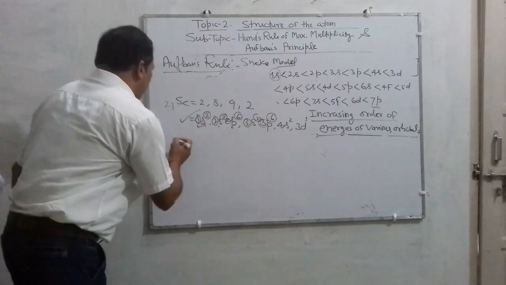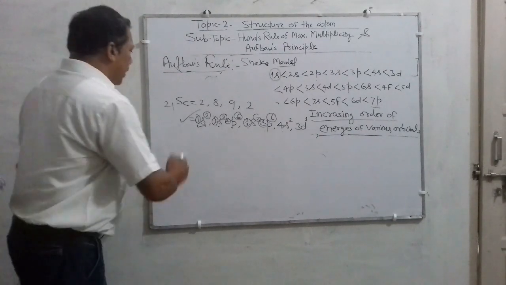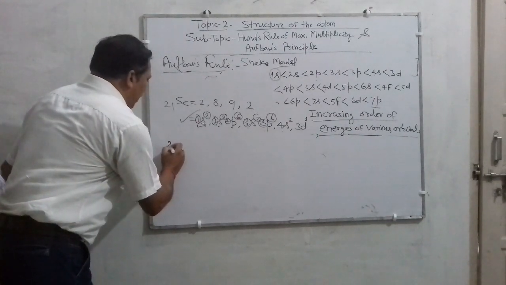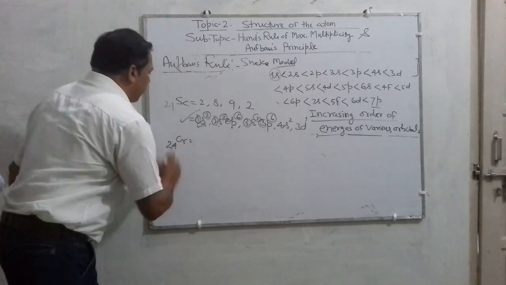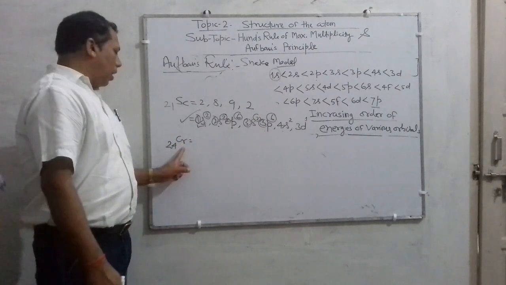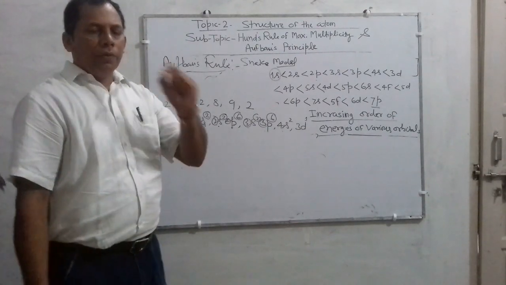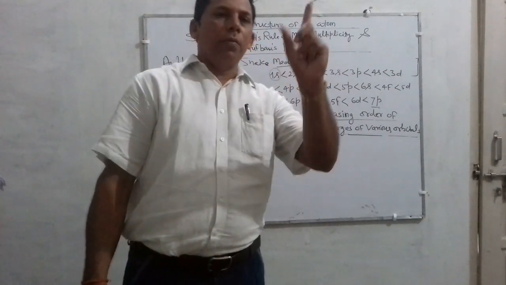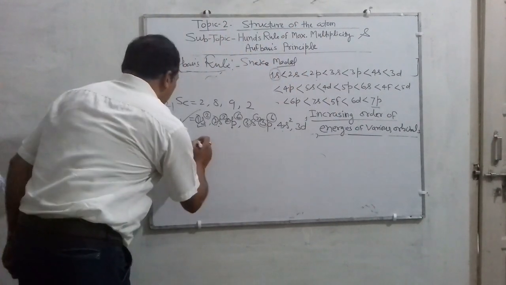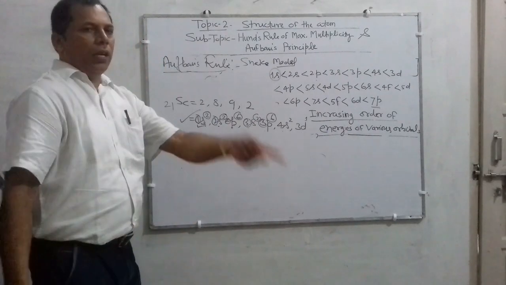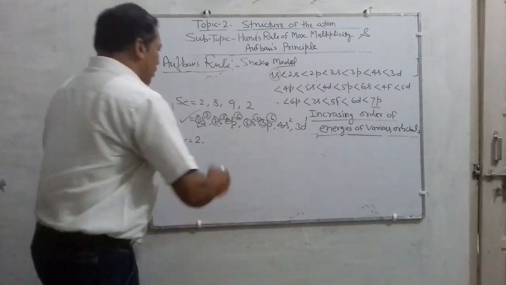One more simple example I am taking. Suppose we have to write the electronic configuration of the element chromium, symbol Cr, atomic number 24. According to Bohr and Bury, what is its configuration? That is an exceptional case.